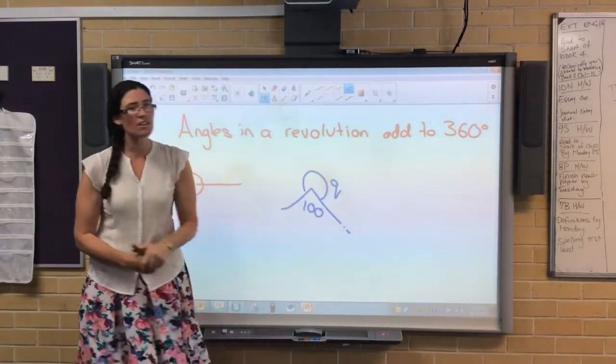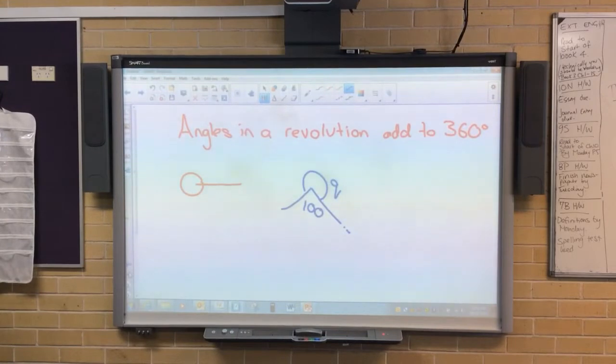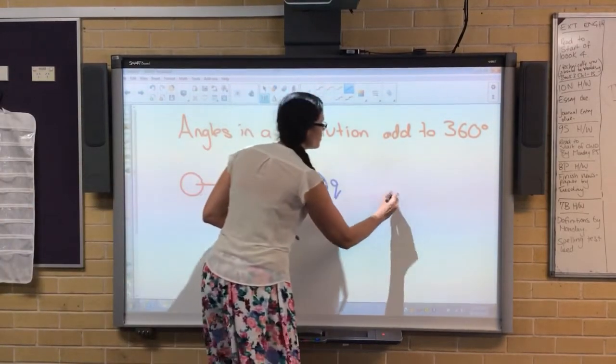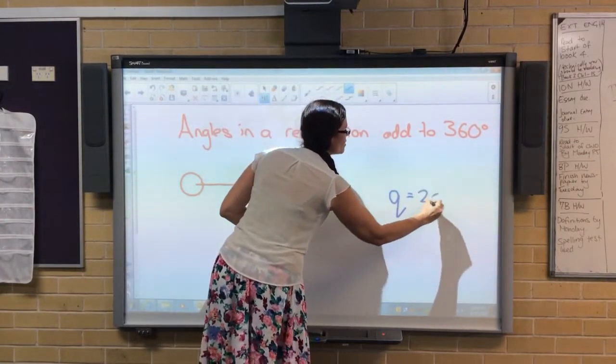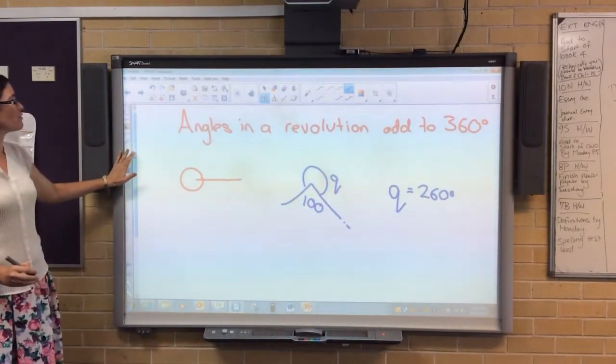I know this angle is 100, so what would the rest of the circle be? 260. So if I do 360 minus the 100, I get that Q was 260. So remember, we're going to do 3 pictures. That's the first one.